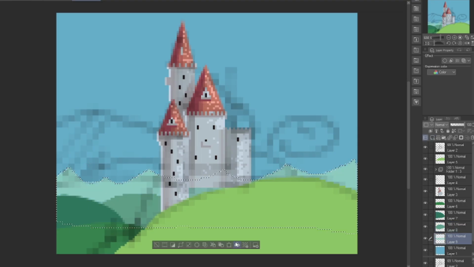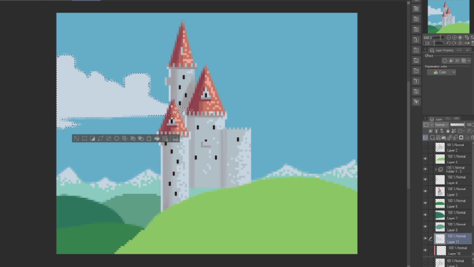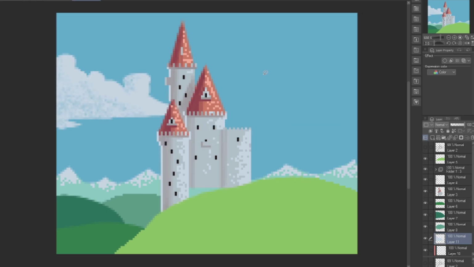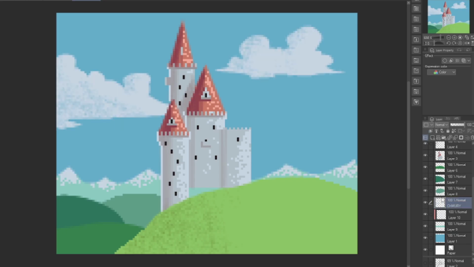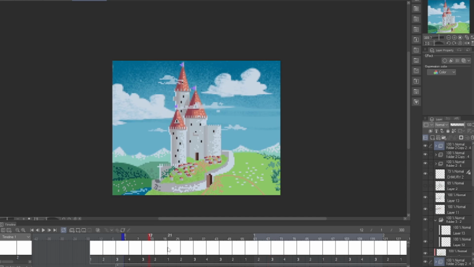At the beginning, when making pixel art, you should start with a very small size such as 150 by 120 pixels so that you can freely draw these limited drawings. I think of it as creating a mosaic from small fragments of tales. Then all these limitations don't interfere so much.